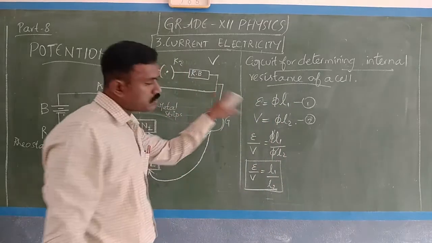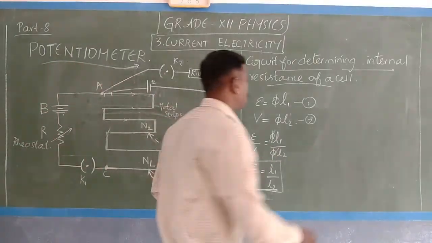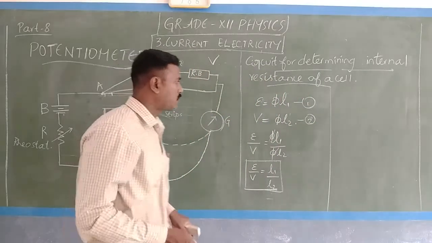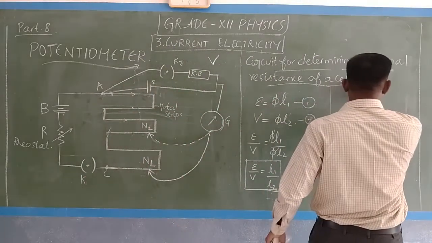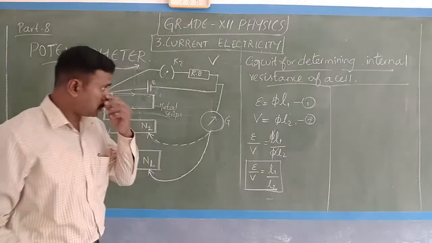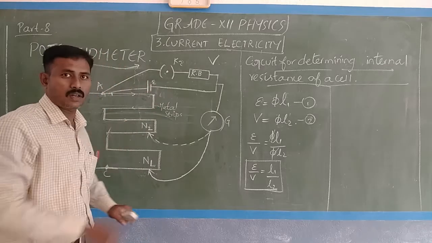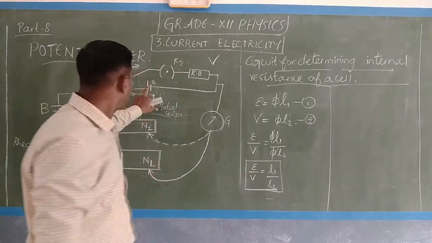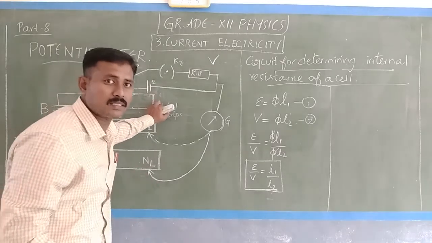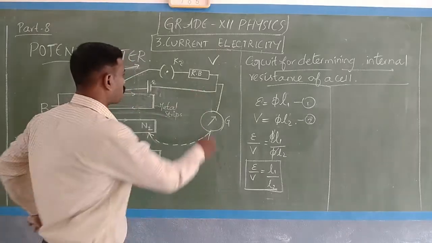Next we have to move on to finding the internal resistance. How do we find the internal resistance? This one part is over, that is the basic part. The current I due to this E across this circuit flows through the internal resistance of the cell, which is r, and the resistance R in the loop this cell is connected to.